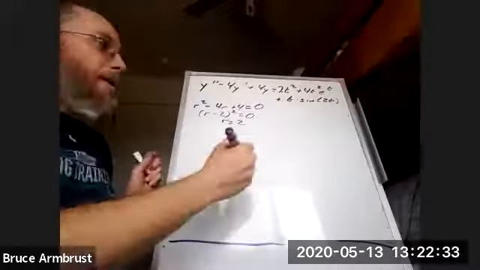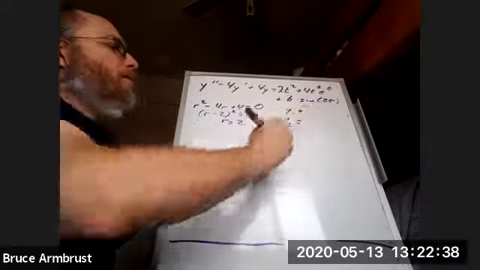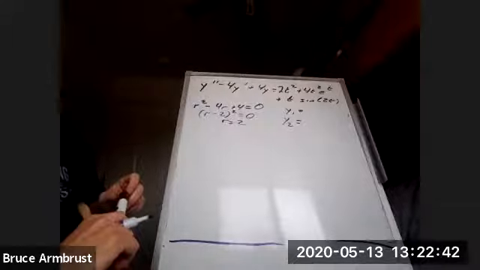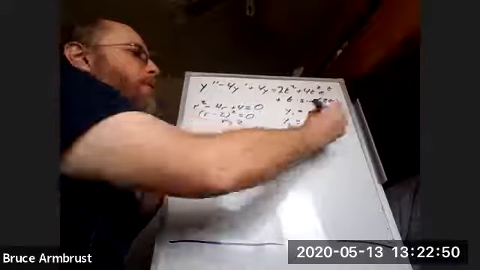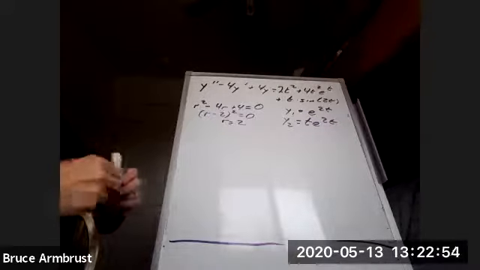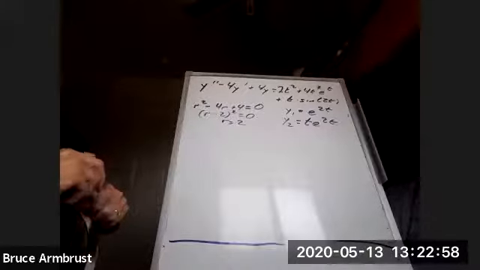So it is repeated. So what are our solutions here? e to the 2t, and t times e to the 2t. There you go. So the fundamental set, one of them is going to be e to the 2t. The other one's going to be t e to the 2t.